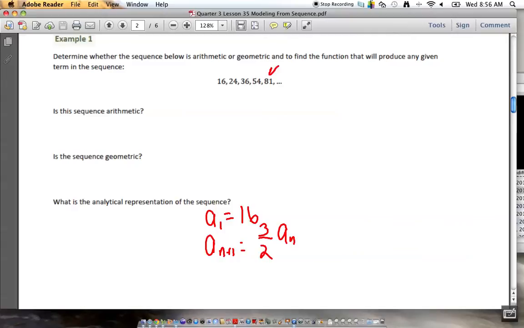So let's see if 81 works. Does 81 equal 3/2 times 54? Check it out and see. It does. Okay, very good.